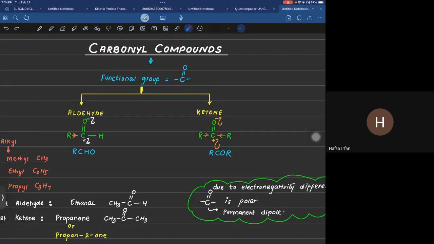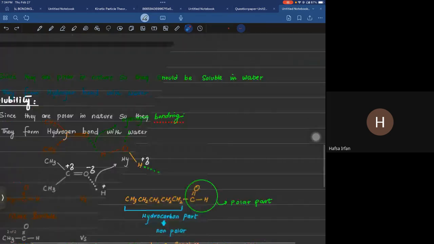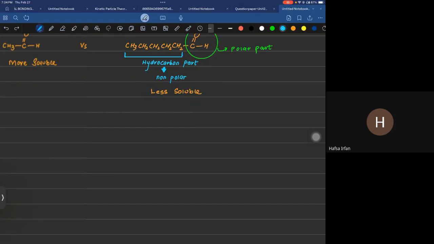चलें जी, अब हम आ जाते हैं इनकी preparations पर. Preparation of carbonyl compounds. So the first one is alcohol to aldehyde.